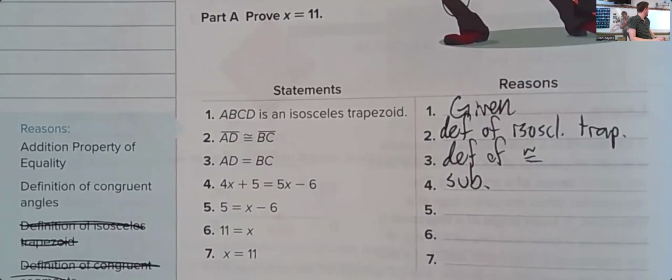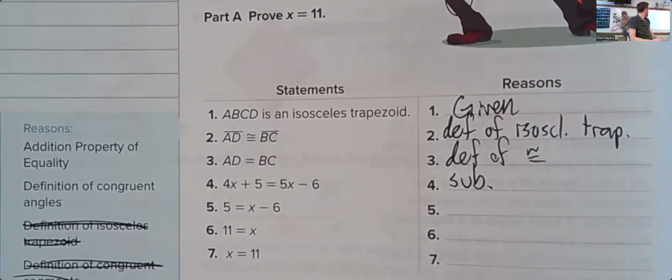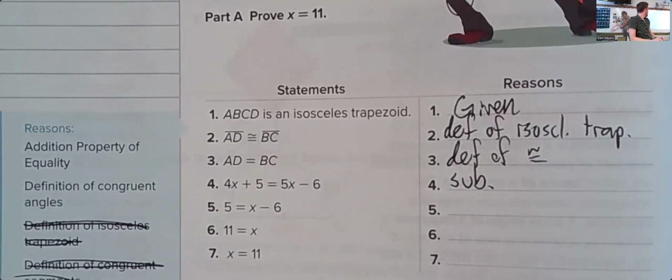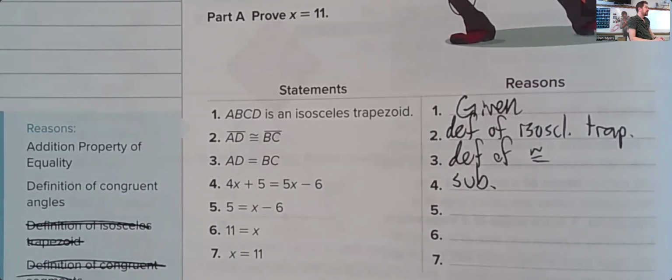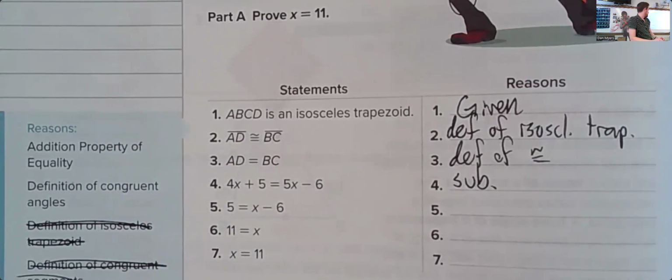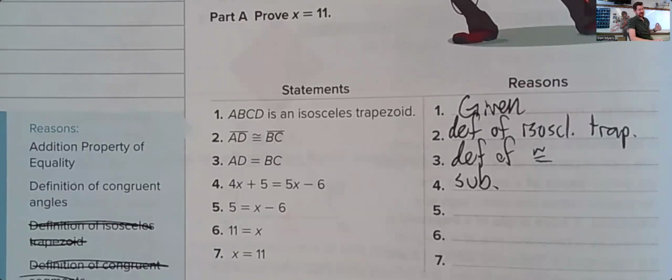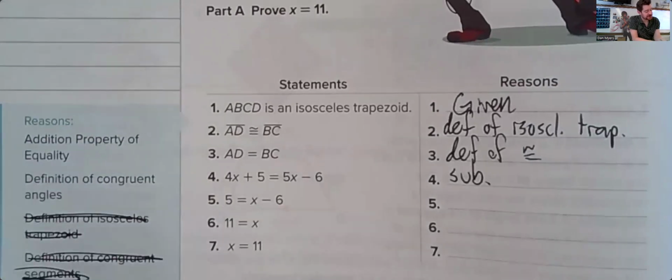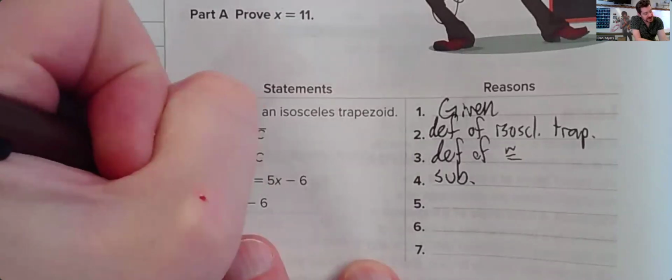All right, and then let's see. How did we get from step 4 to step 5? I don't see that we added anything to both sides, but I do see that we subtracted. Yeah, so it's the subtraction property of equality because 4x was subtracted from both sides.